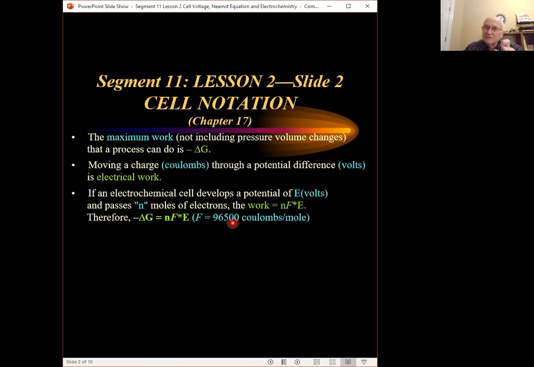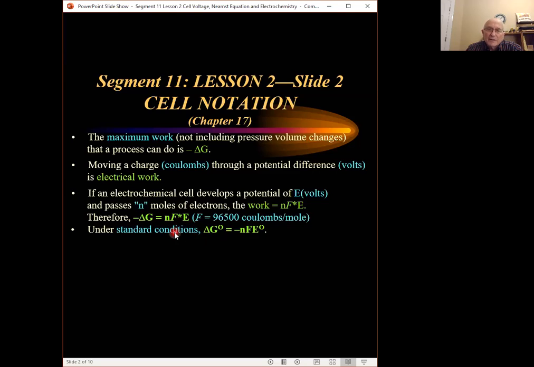And I change this form of energy, delta G. So the relationship is minus delta G is NFE, where N is the number of moles, E is the voltage for the electrode, and 96,500 coulombs per mole, that is the Faraday constant. So this represents the amount of energy that would be involved when you move 1 mole of electrons through a voltage of 1 volt. And that would give us an energy in joules.